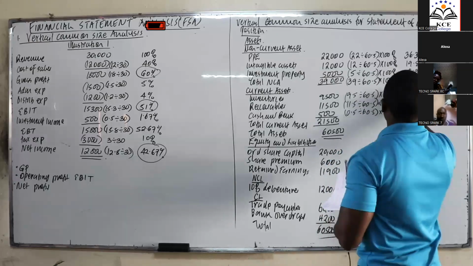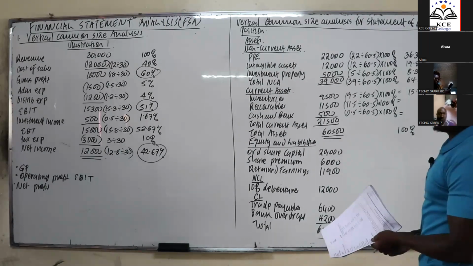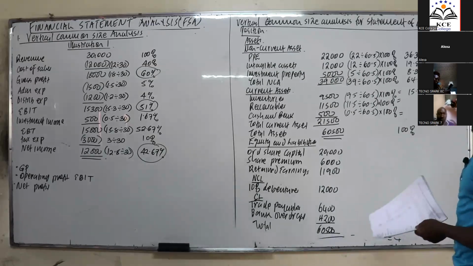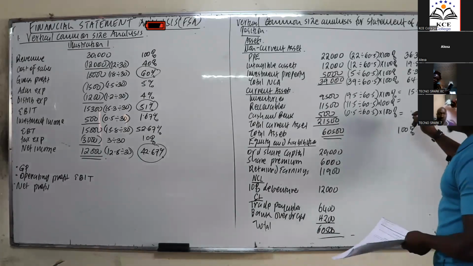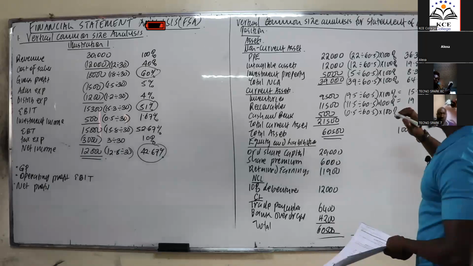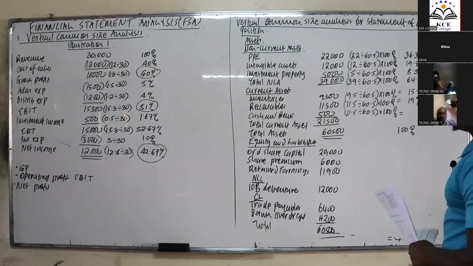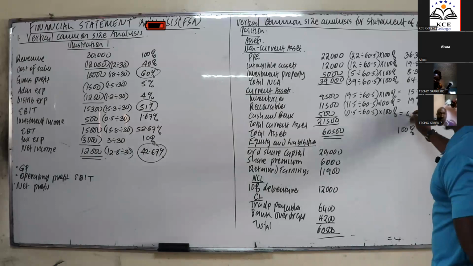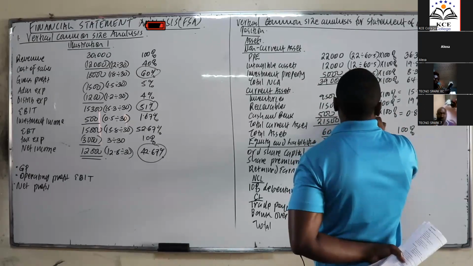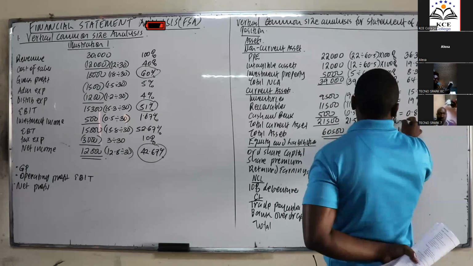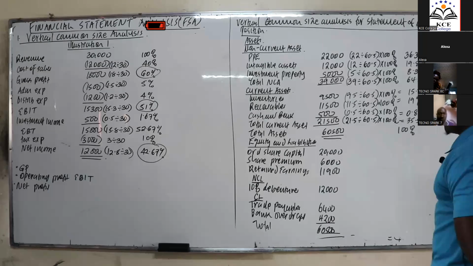What do you get here? 15.7%. 19%. 0.8%. What about now the total current assets? We'll take 21.5 divided by 60.5 times 100%. That is 35.5%. Now we are done with the assets.